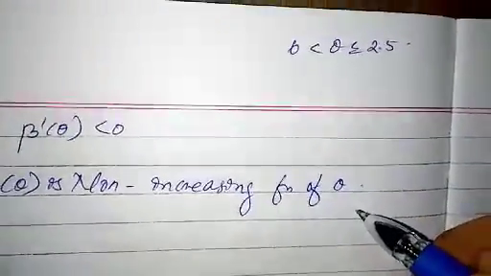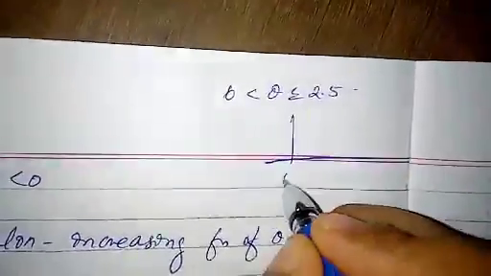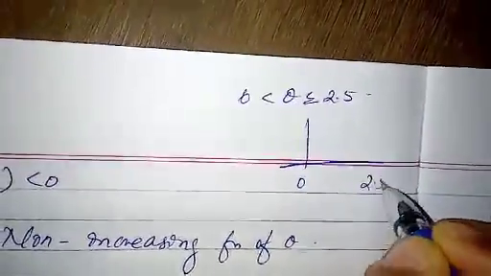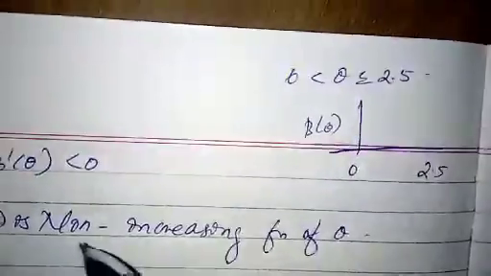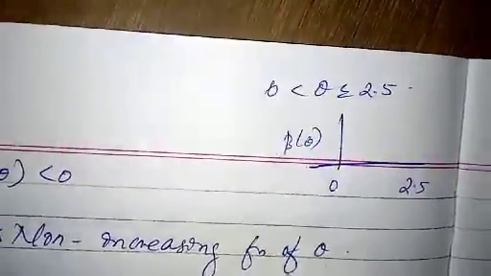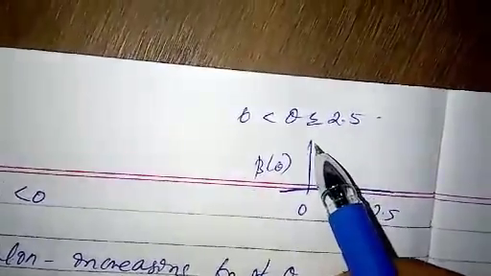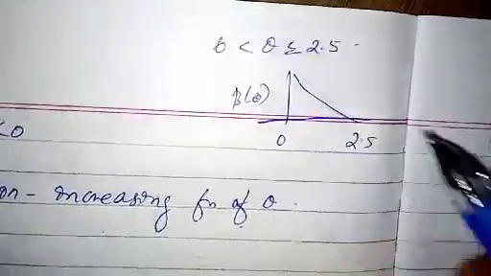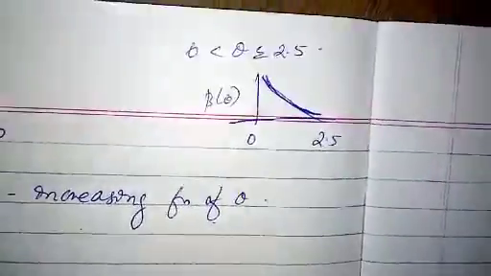It's a non-increasing function. That means in the graph with axes 0, 2.5, that is beta of theta, beta of theta is a non-increasing function of theta, that means a decreasing function, right? So the graph is like this.